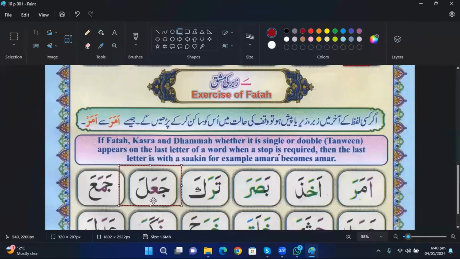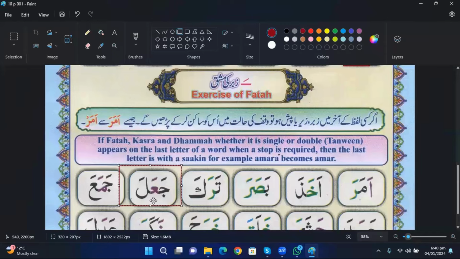Hamza Dhamma oo, Kha Fatha Kha, ukha, Ra Dhamma ru, ukharu. Make sure that your students join the letters one by one, like Ha Dhamma hu, Ba Dhamma bu, hubu, Kaf Kasra ki, hubuki.